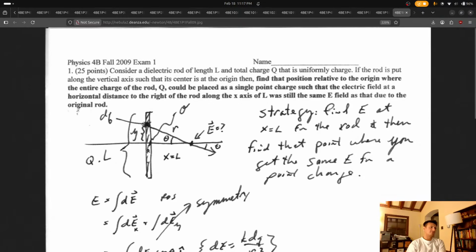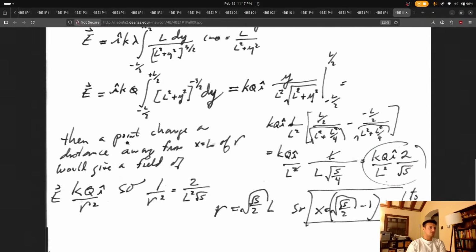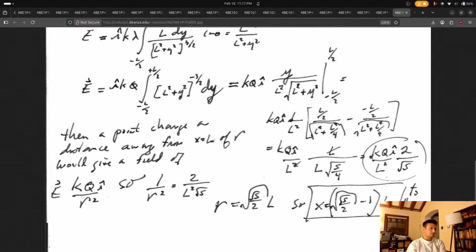Okay, so first we're going to find the E field here. Then we're going to use that same Q. What did he find? He found the E field. Then a point charge. We need to.